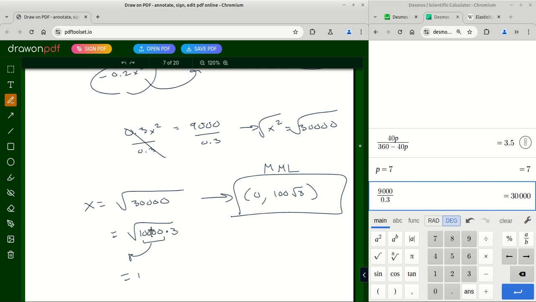Basically you have a pair of zeros and a pair of zeros, so you get a pair of zeros on the outside. This is their answer again, but that's an interval. Remember, that's not x and y. That's 0 all the way until 100 square root 3. So all of this zone is the elastic zone.